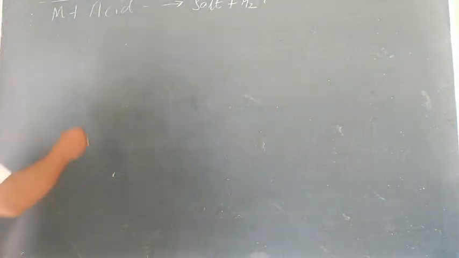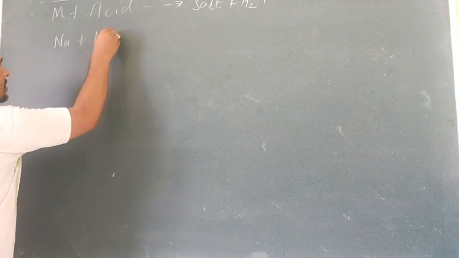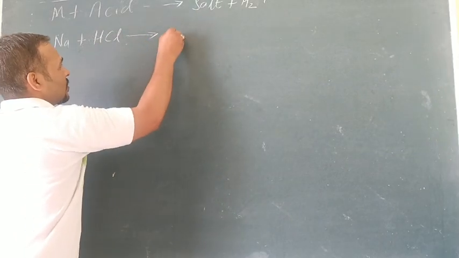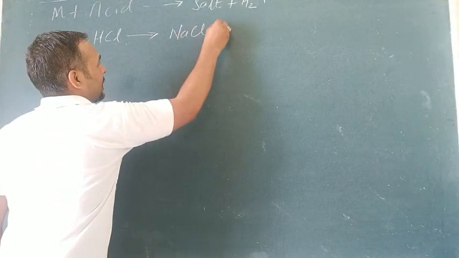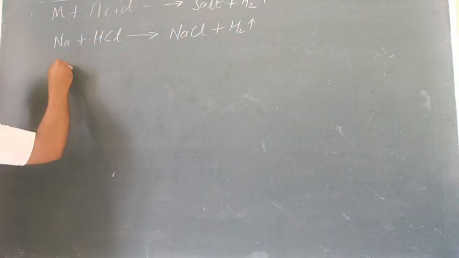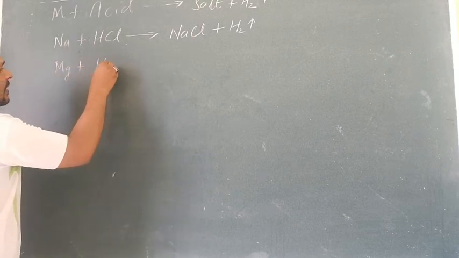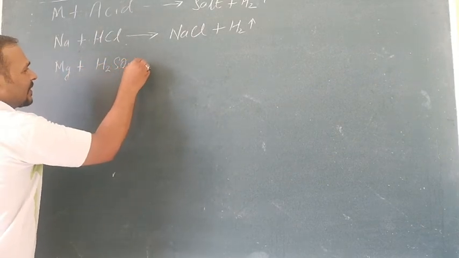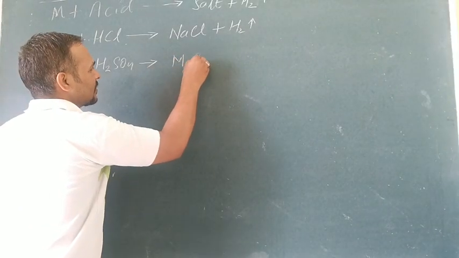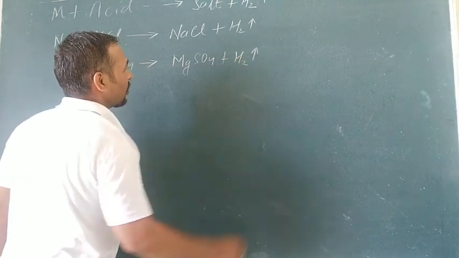For example, sodium reacts with HCl, hydrochloric acid, and gives sodium chloride plus hydrogen gas. Another example: magnesium reacts with sulfuric acid and gives magnesium sulfate plus hydrogen gas.